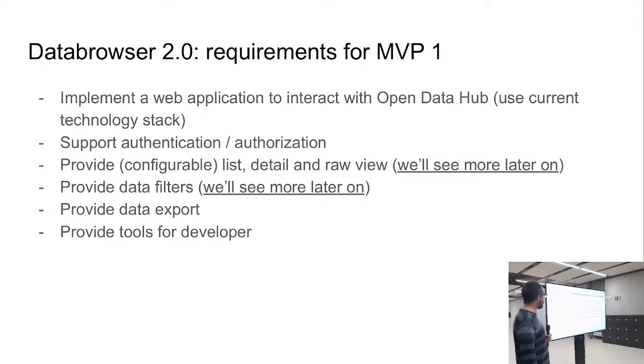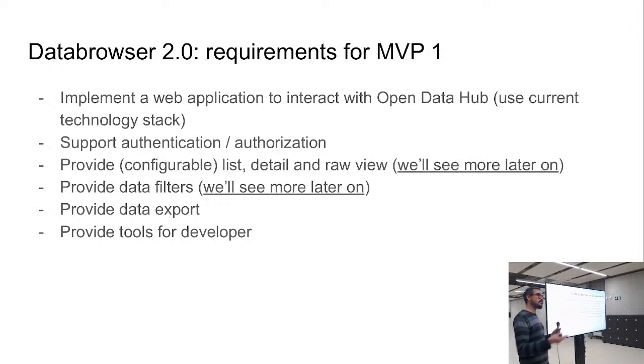Then another requirement was that a user should be able to filter the data so that they can narrow down the focus and get to the data that's interesting. Then it should provide data export, so one can download the data. And then it should also provide some tools for developers. Developers are one of the people that you want to have as audience and as users.